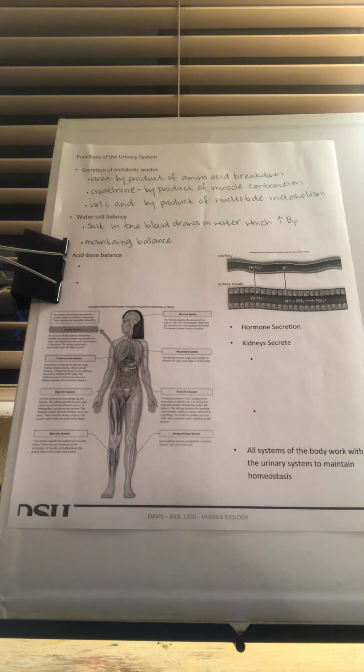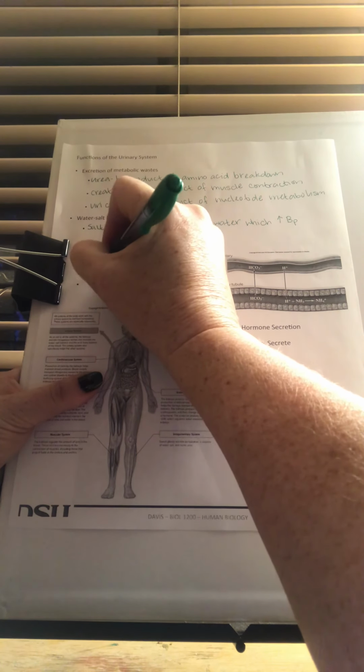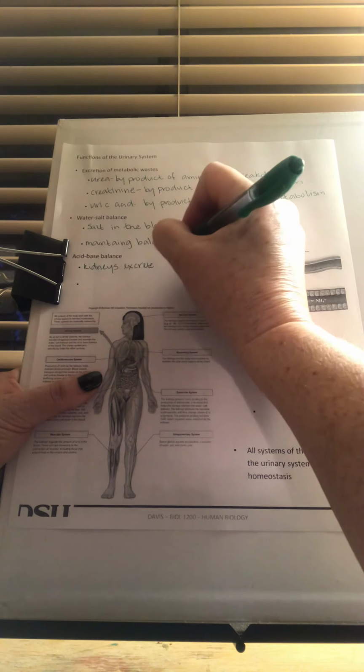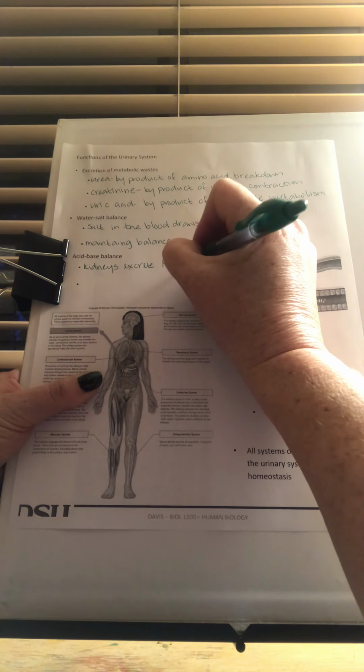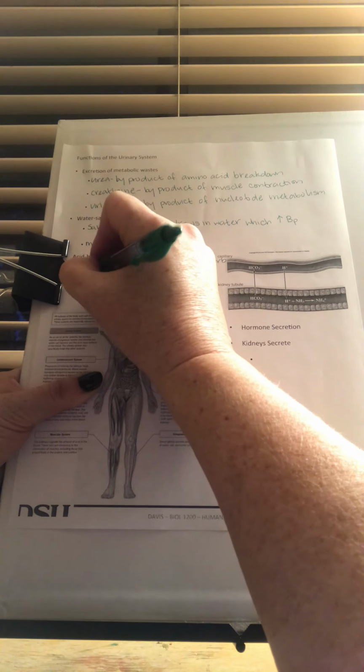And then not only does it help with the water-salt balance, it also helps with the acid and base balance. Basically, these guys act like buffers because they can excrete our hydrogen protons, which, if you remember, that's what we look for in acids, how many hydrogen protons we have, and then they can absorb our bicarbonate.